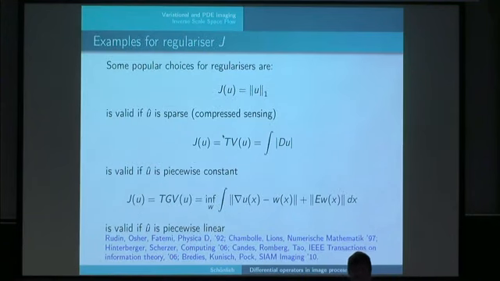Okay, so you should stop me. I'm rather quick because this is standard for me, but if it's not standard for you, stop me, okay? So some examples, as I said: L1 is one example of a regularizer that falls into this family. The total variation is another one, and I'm also showing you the total generalized variation because I might show you an example later on.